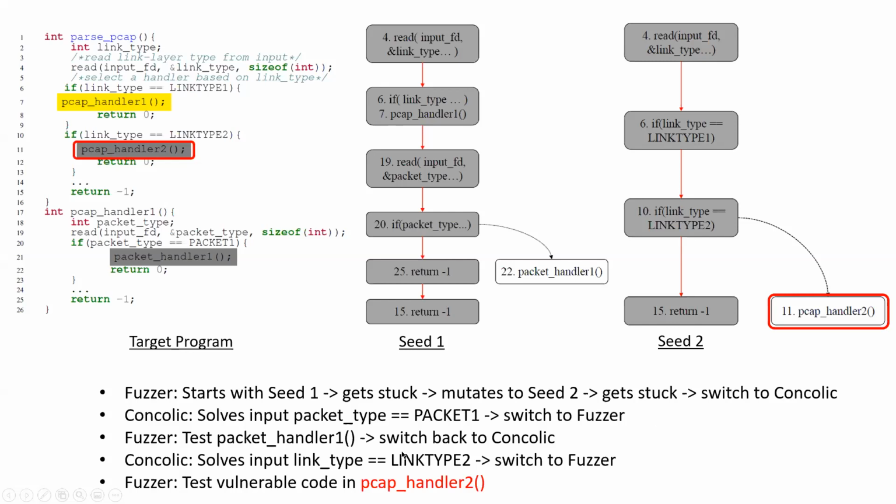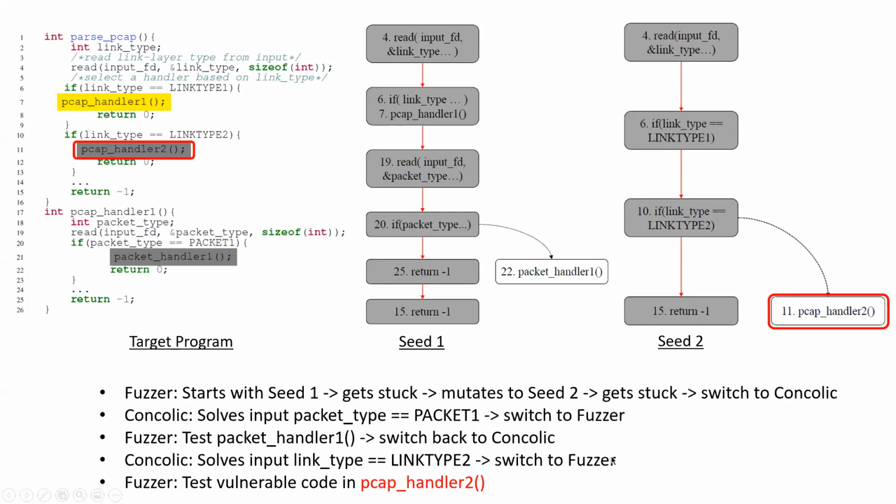So this process shows that it can take some time before we actually reach vulnerable code, which is packet handler 2. The previous 4 steps can take a long time, and if you time out, then you might not have the resources to find the vulnerable code in packet handler 2.